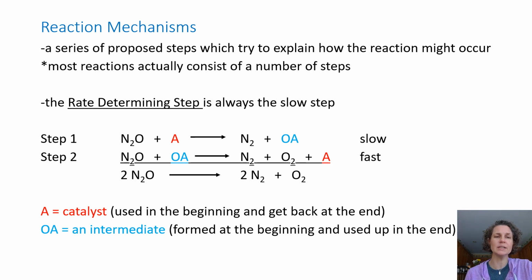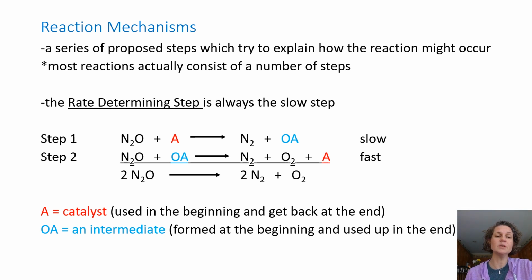Over reaction mechanisms. So far we have studied reactions that just occur, basically. We have the reactants, we have the products. In reality, most reactions actually occur in a series of steps where you have a reactant, or group of reactants, that go through several reactions until you finally get to the products.